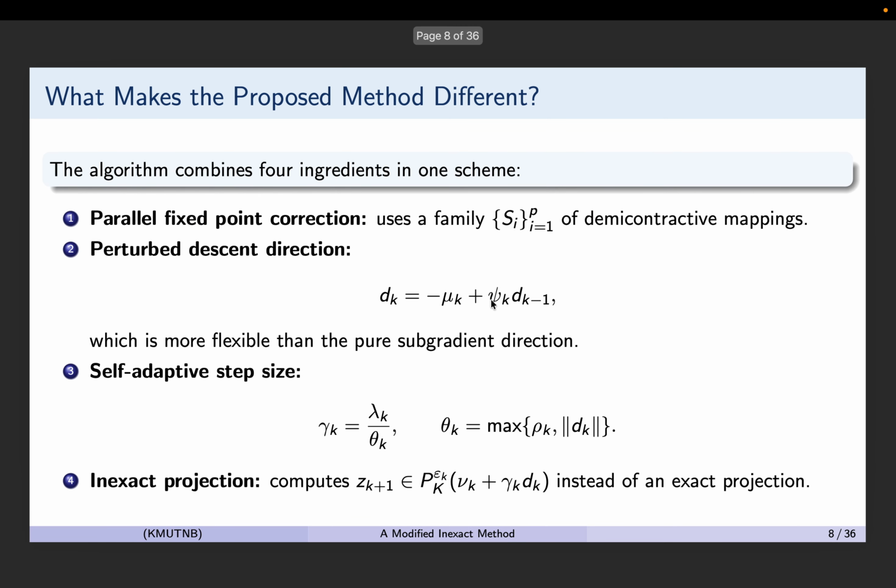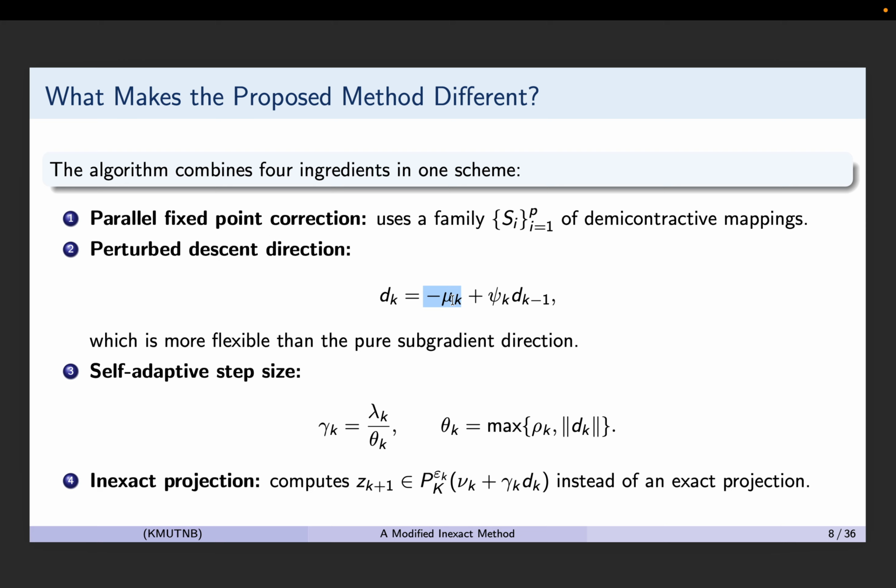So this is our proposed method, and what makes it different from the related ones I've mentioned. We incorporate a parallel fixed point correction structure, and we also use a perturbed descent direction. You can see how the direction is defined. When I show the algorithm, you will see that mu k here is a subgradient computation. In a case where you are dealing with a smooth function, this is just the gradient of the function.